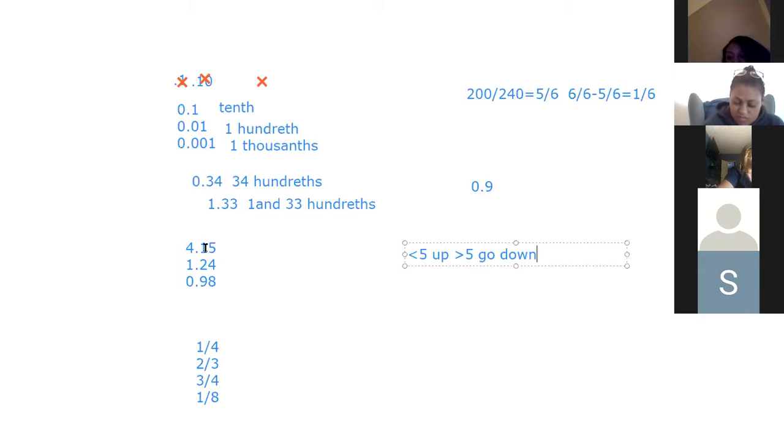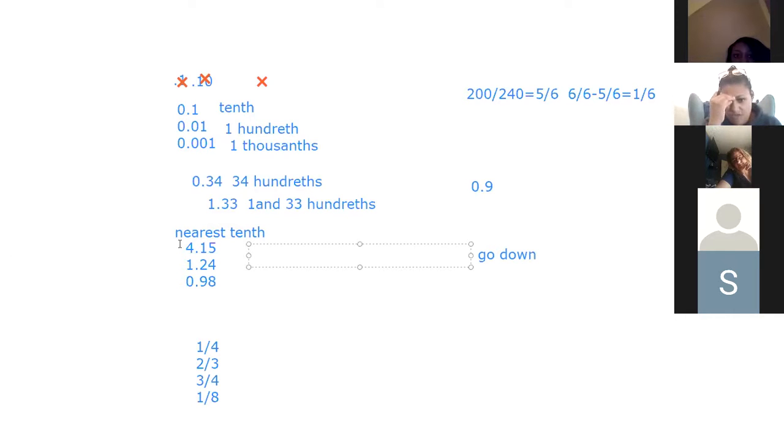So if we look at this number here, and if we were going to round to the nearest tenth, which is what we have to do most of the time. So 4 and 15 hundredths rounds to what, to the nearest tenth? Up. 4 and 2 tenths.